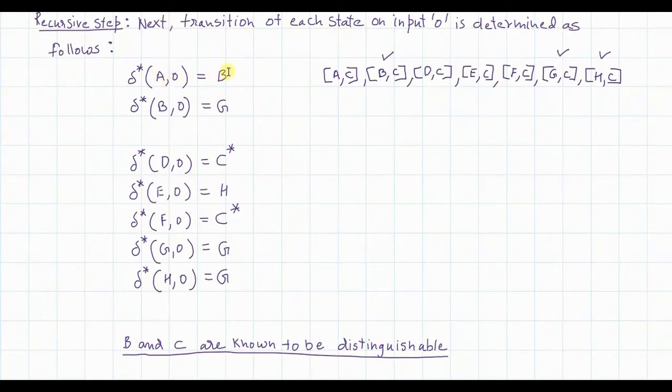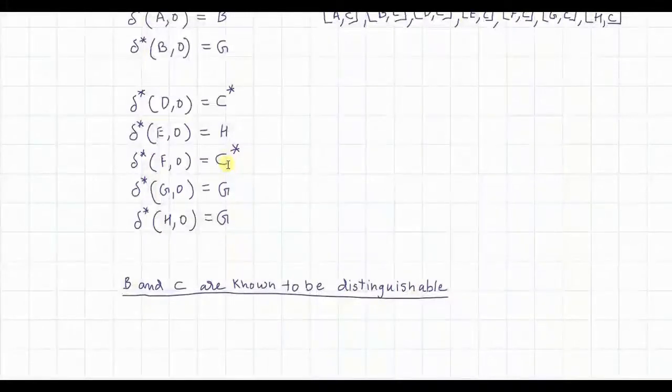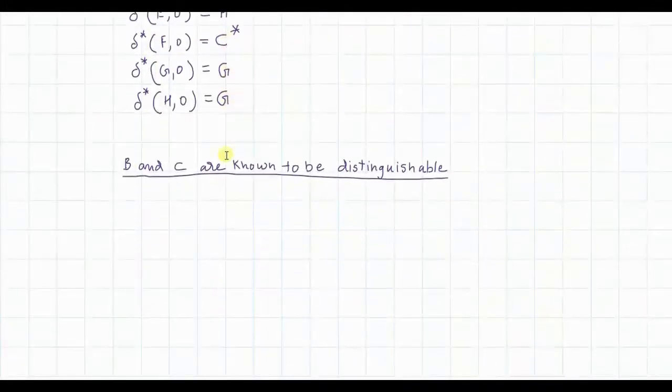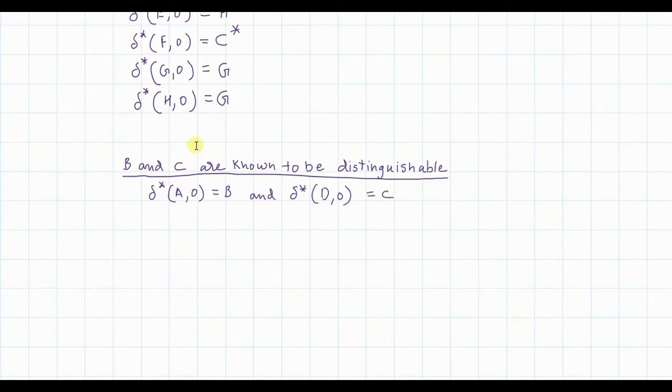So here there is B and here there is C. As you can see, del star of A on 0 gives you B, and del star of D on 0 gives you C.